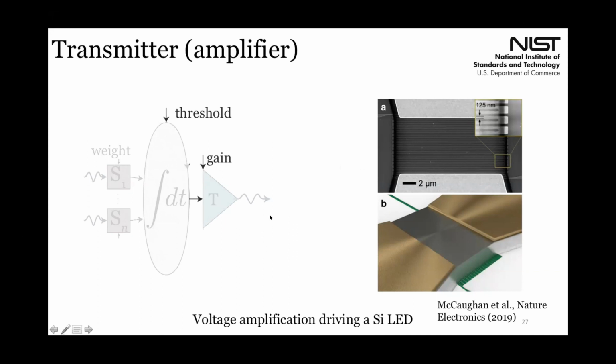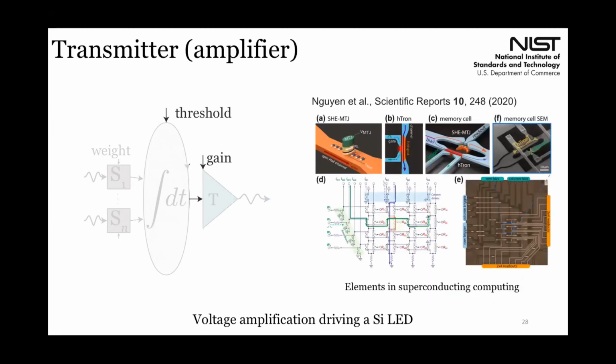And we need some superconducting amplifier or switch to perform these thresholding and gain operations. These kinds of superconducting amplifiers or switches are of interest more or less anytime you're doing any kind of computation with superconductors. Here is an example of using it in a memory element for superconducting computing in a recent paper.